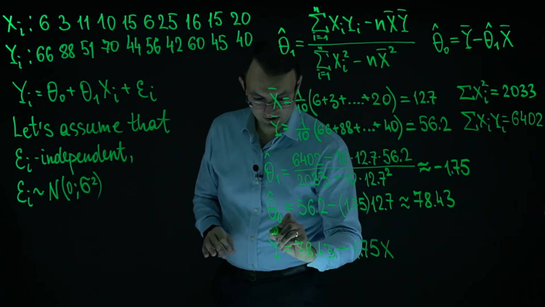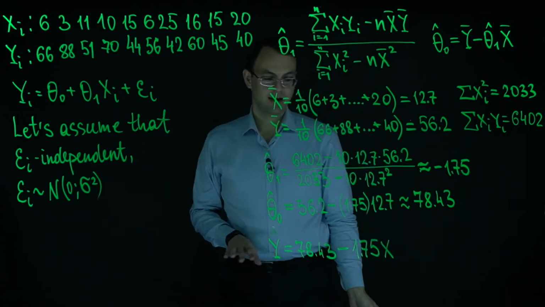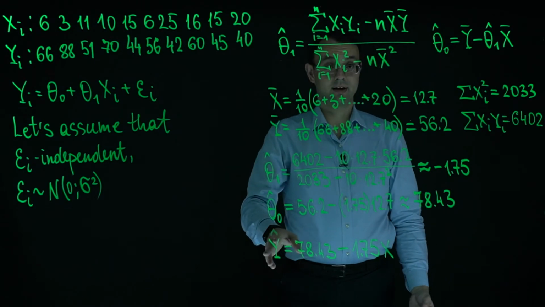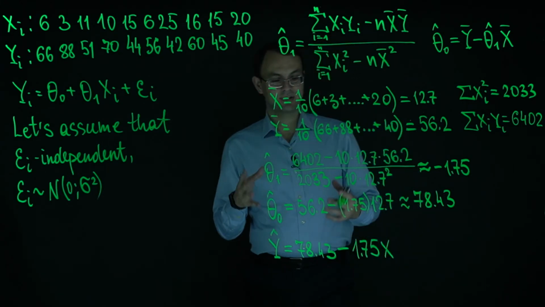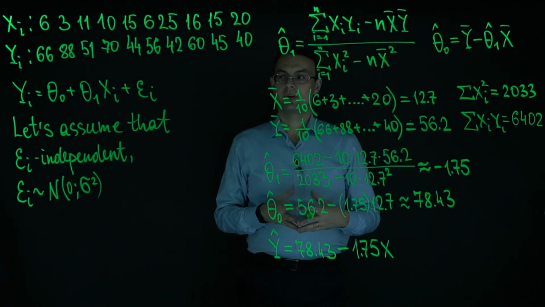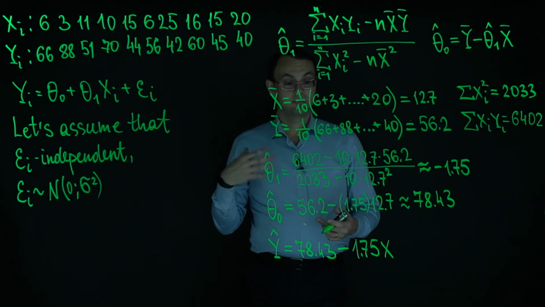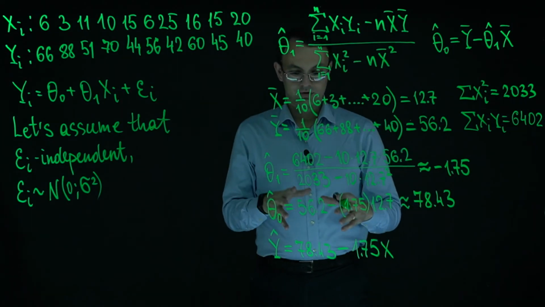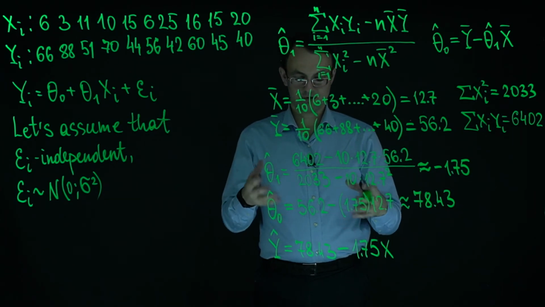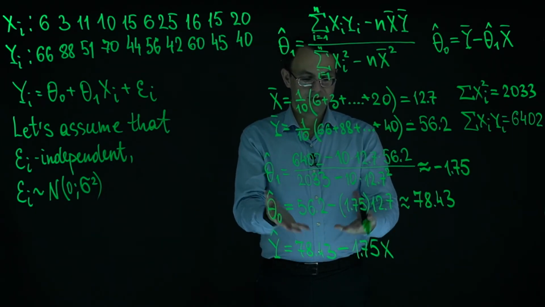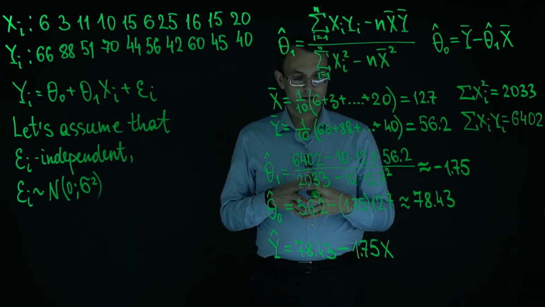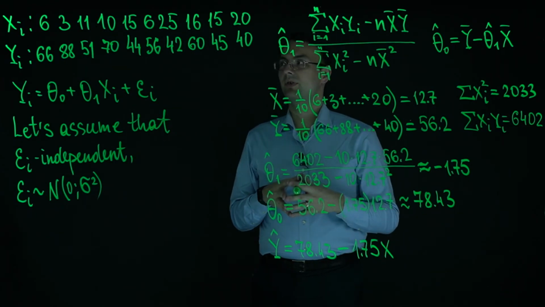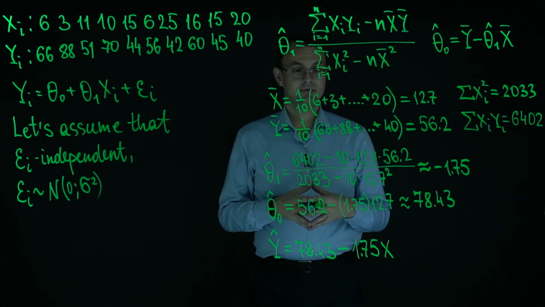We can use a hat for this y, as we can say that this is the predicted y. This is not the actual y, but the y that can be predicted with our regression model. This is the formula that can help us to predict the average monthly insurance premium if we know the years of driving experience of a random driver.